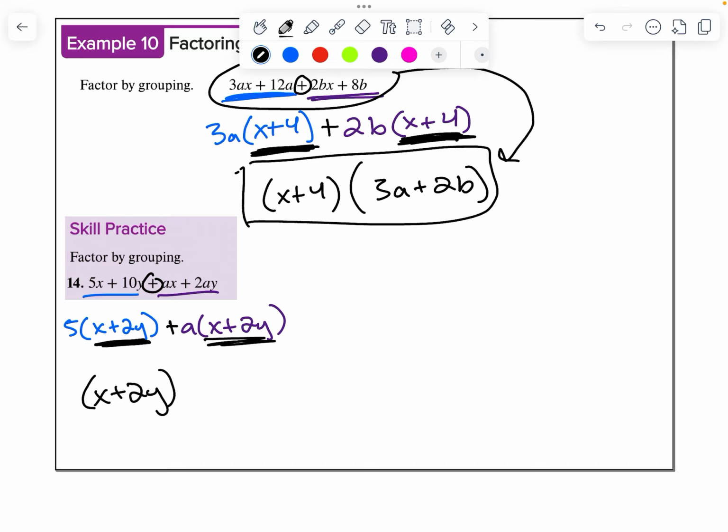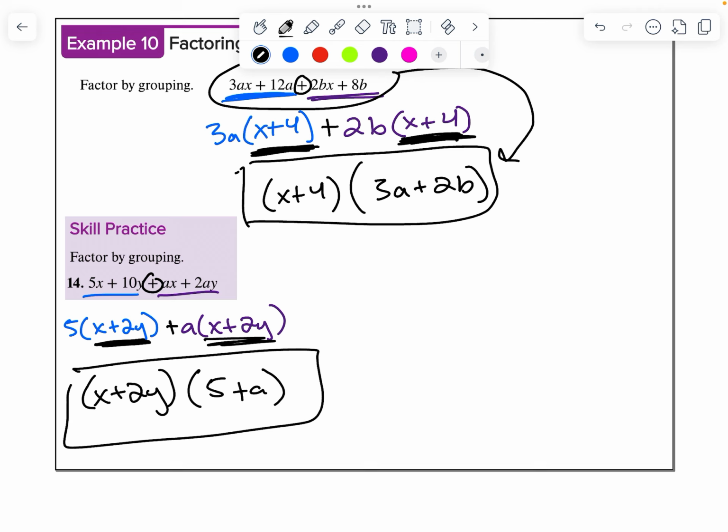Since they match up, you could factor them out and be left with 5 plus a in the second parentheses. Notice grouping, all we're really doing is factoring a GCF 3 times. We're factoring a GCF out of the blue group, factoring a GCF out of the purple group, and then factoring out that GCF that is the common binomial.